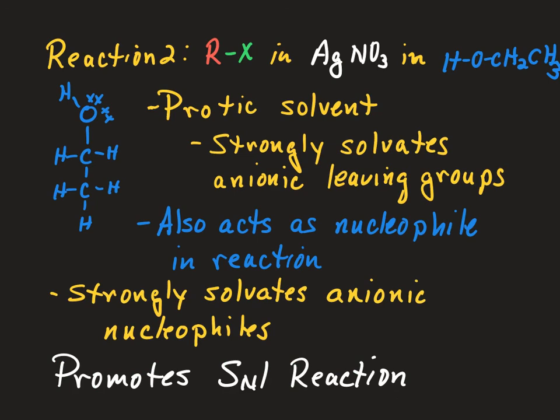In our second reaction, we're going to react our alkyl halide with silver nitrate in ethanol as a solvent. Now, ethanol is a protic solvent. That is, it has a hydrogen on an electronegative element, so it can act as a hydrogen bond donor.